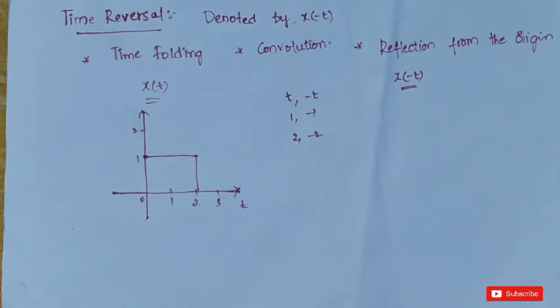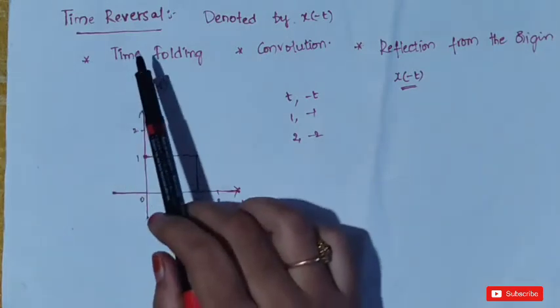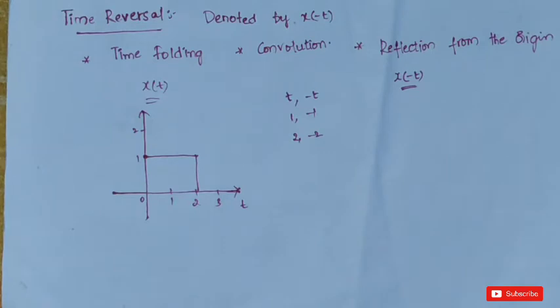T is time samples. So in the time reversal operation of a signal, we need to change the t values but not the amplitude values. The name itself indicates time reversal. So here the change is only in time. The time reverses, the time changes, but not the amplitude.